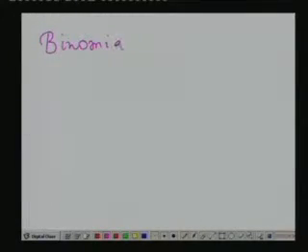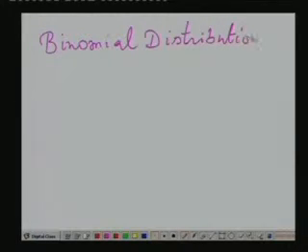Consider the discrete case. Suppose that there is a random variable, let us consider what is called binomial distribution. Okay. Suppose there is a random variable x, okay.